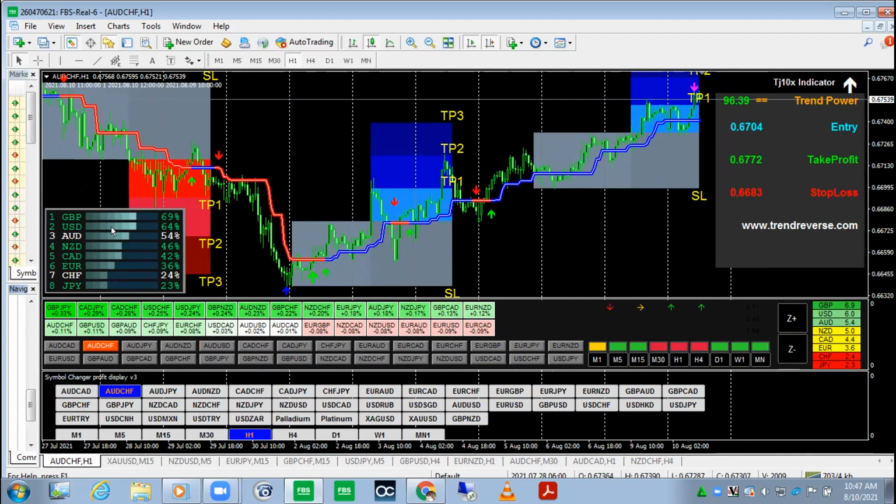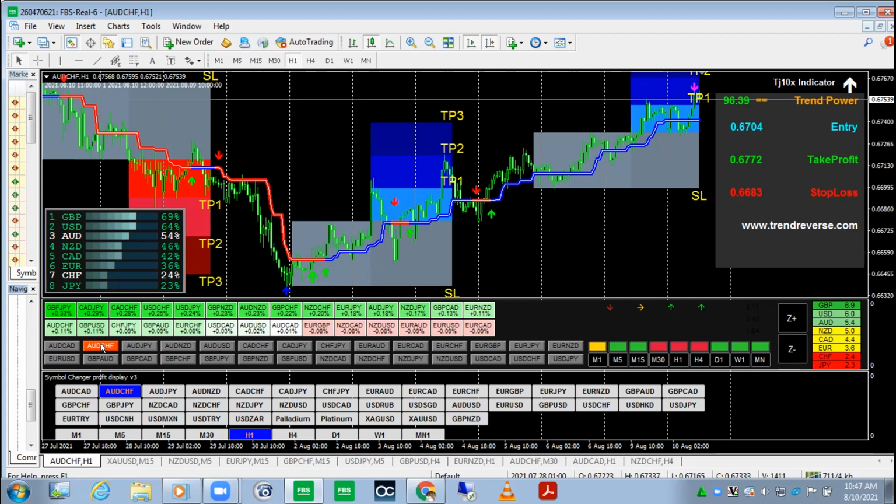Looking at this currency power, you notice that both this currency power is working, and the CSM itself is serving not only as currency strength meter, but also as currency power, as indicator strength, and as pair changer. When you click on all this, you can change your pairs.